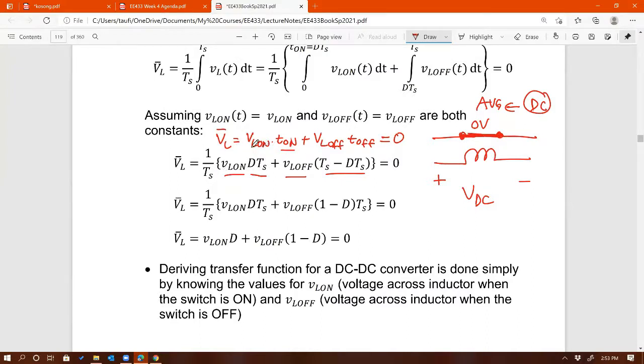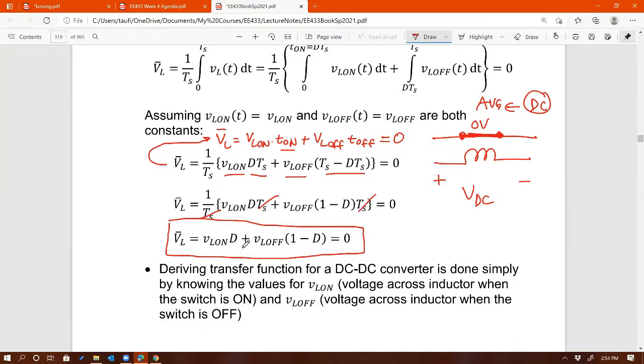So that's why this equation reduces to this equation. So right there at the end you get this equation, because the T cancels right there.